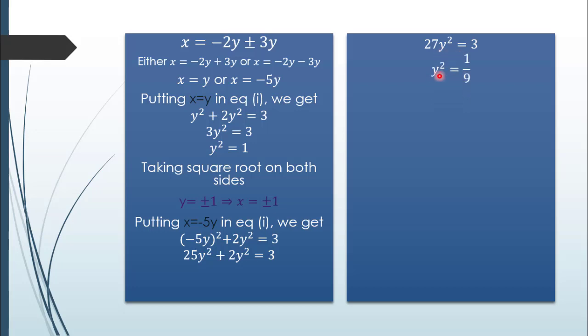On solving, we get y square equal to 1 over 9. Again, taking square root on both sides, we get y is equal to plus minus 1 over 3. It means either y is equal to 1 over 3 or y is equal to minus 1 over 3.